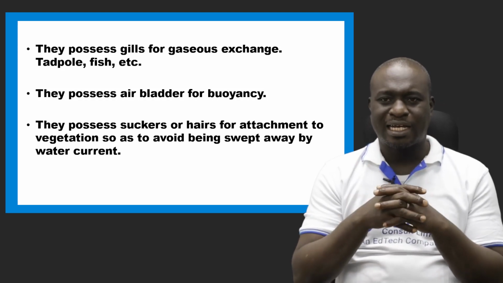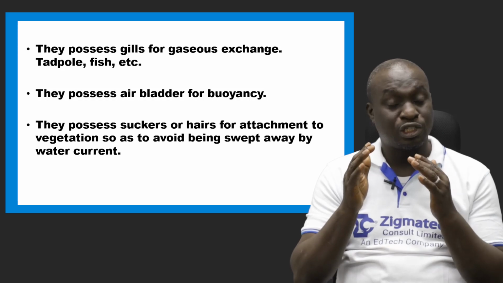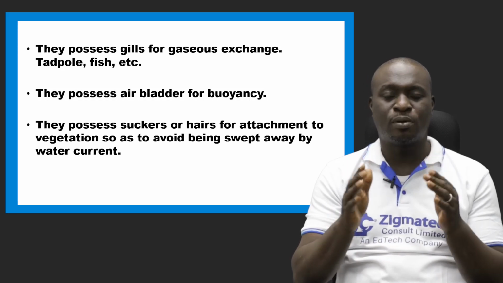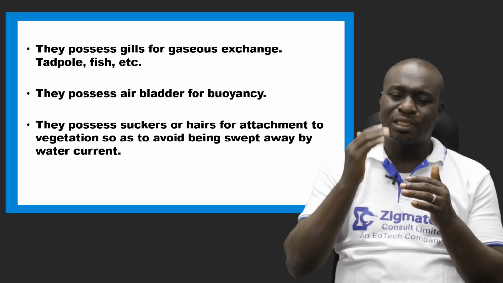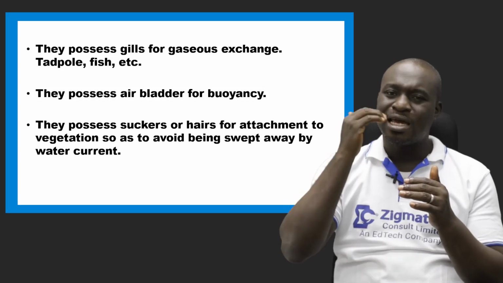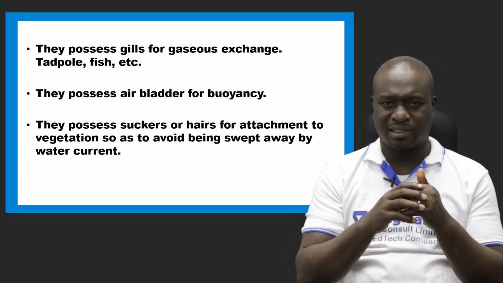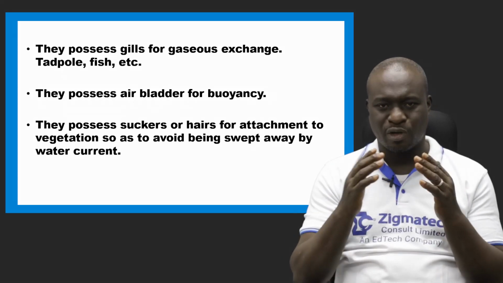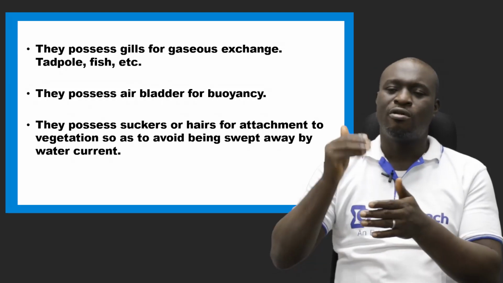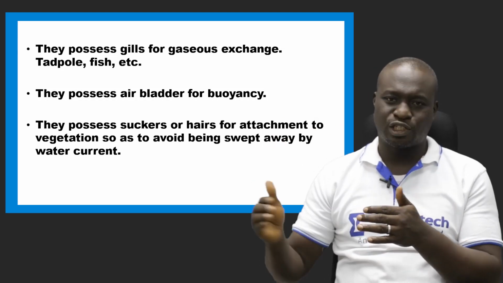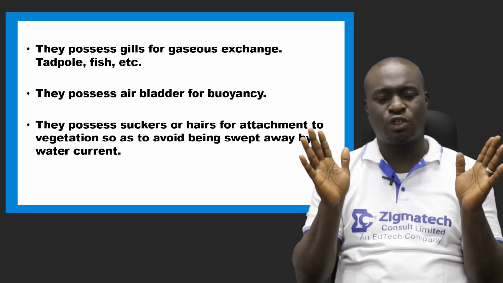For instance, it is wrong for me to say they possess gills and stop there. Please ensure you tell the functions of each of these parts or adaptive features. The correct way to say it is that they possess gills for gaseous exchange.